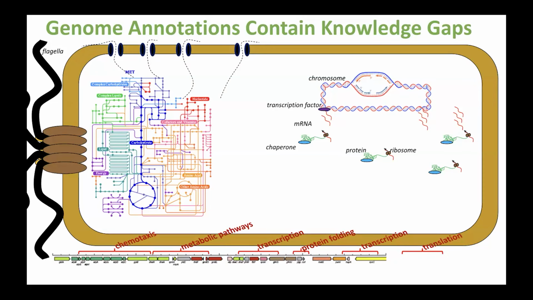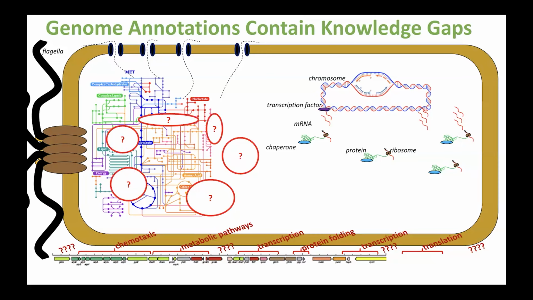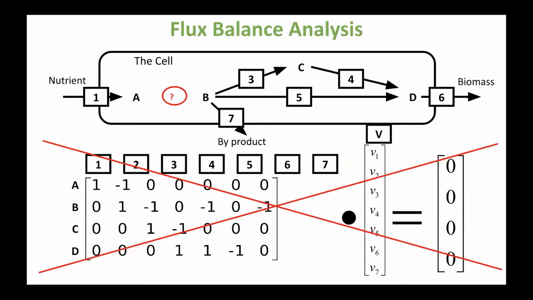These metagenome-assembled genomes have a lot of gaps, which make model building even more complex. So you end up with a scenario like this, where there are a lot of pieces where you just don't know everything, which means you end up with gaps. When you come to our cell, if you don't know this reaction, it just completely breaks everything.